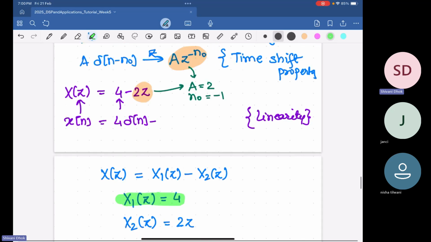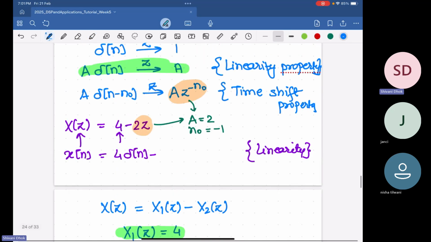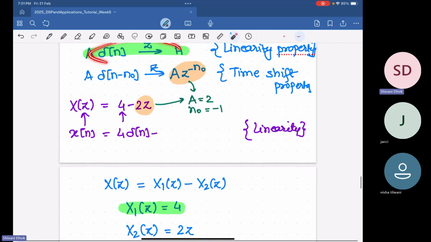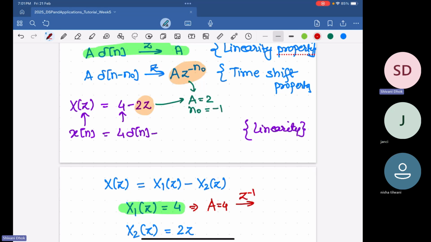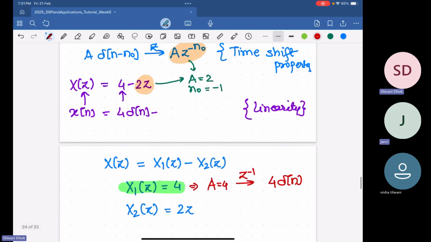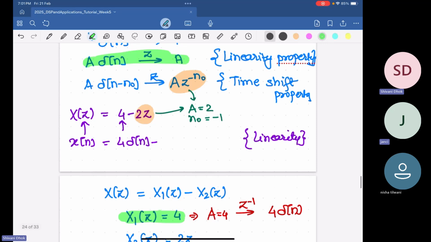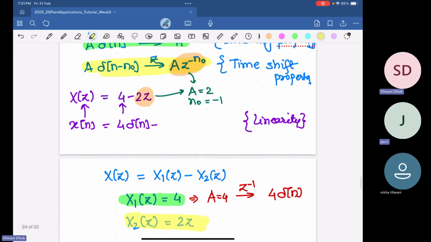For this particular thing, if you look at this and this, the value of a is 4. So for finding the inverse z of x1 of z, only a is equal to 4, and therefore its inverse z is given by 4 into delta n. Now you focus on this part, x2 of z.